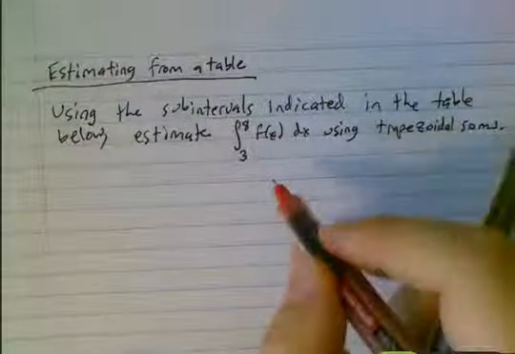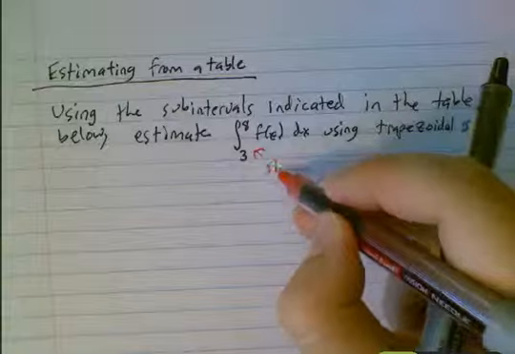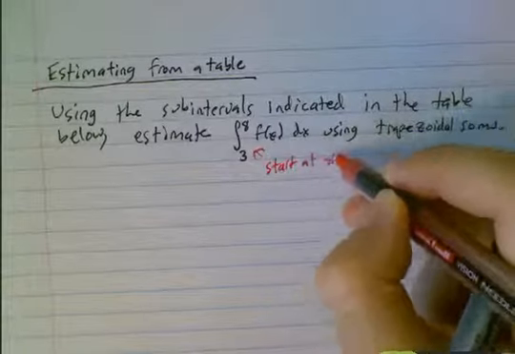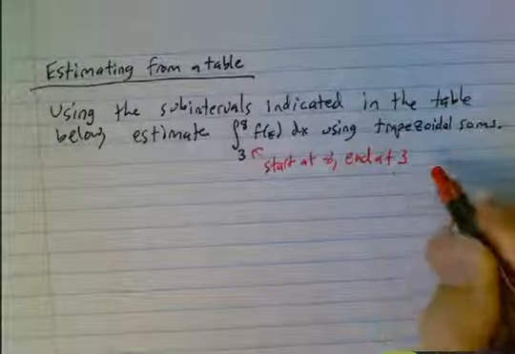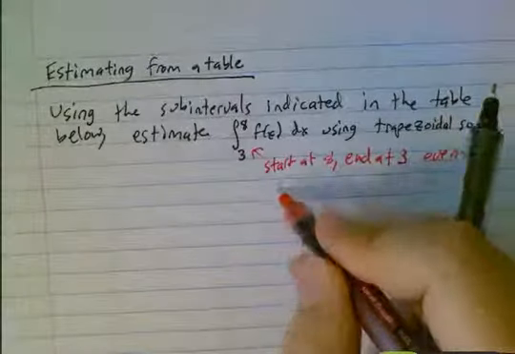Now notice, this is from 3 to 8. That means start at 3, end at 8, even if there are more values in the table.